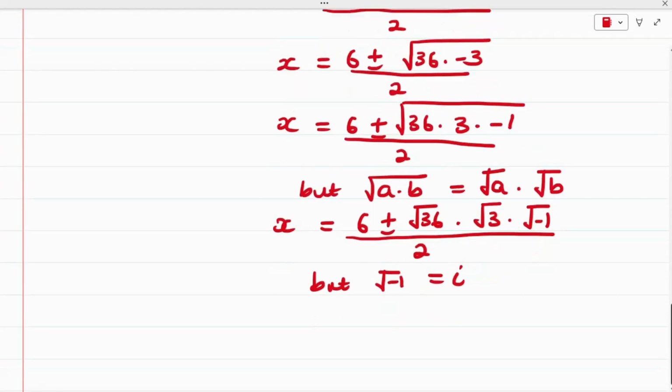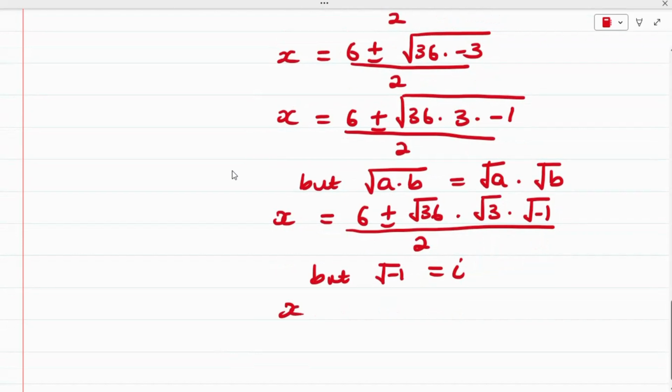So from here, x = 6 ± the square root of 36, which is 6, multiplied by root 3, and the root of -1 is i, so we divide by 2.